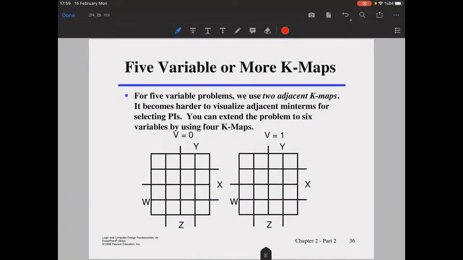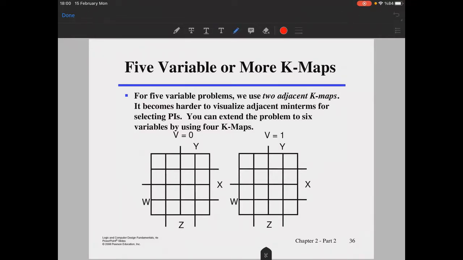So if you're dealing with 5 variable or more K-maps, since we're working in 2 dimensions, I mean paper and pen, we need to have 2 different maps.